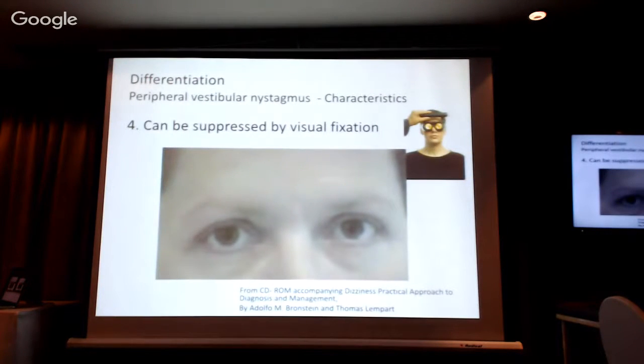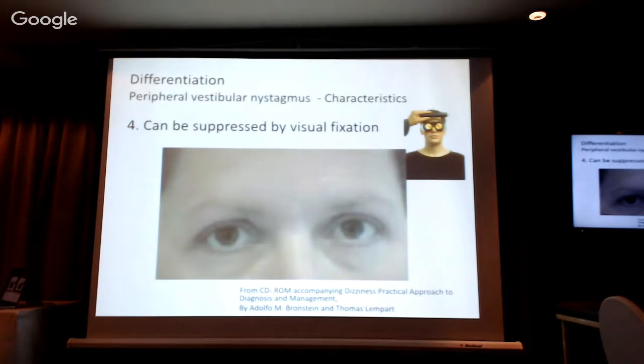Finally, peripheral vestibular nystagmus can be suppressed by visual fixation. Now, when you examine the patient, when the patient looks at your pen or finger, the nystagmus of peripheral type will be suppressed, and therefore it may not be that prominent unless it's a real acute situation. When you see the patient after about 3 days, it may not be that prominent.